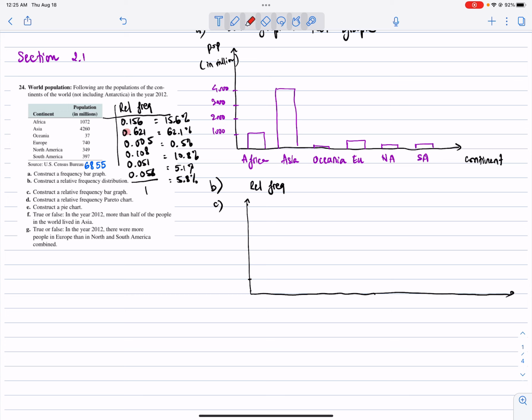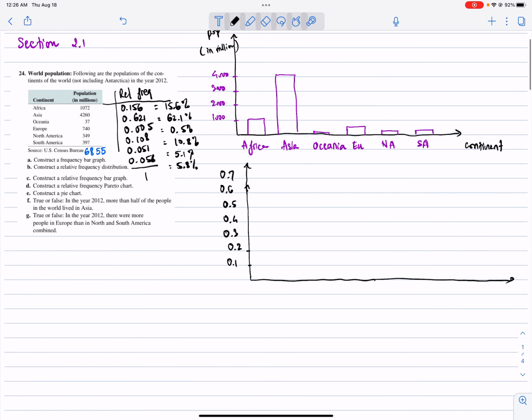So I'm going to make 0.1, 0.2, 0.3, 0.4, 0.5, 0.6 and 0.7. I need to erase so I have more space. I make sure my numbers are inside the vertical line.